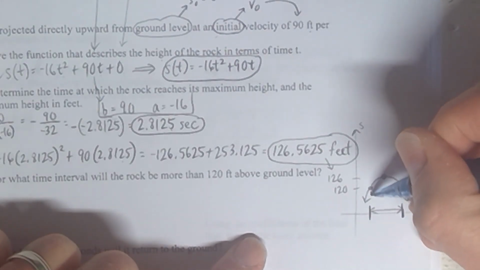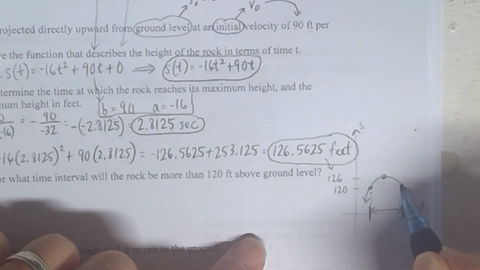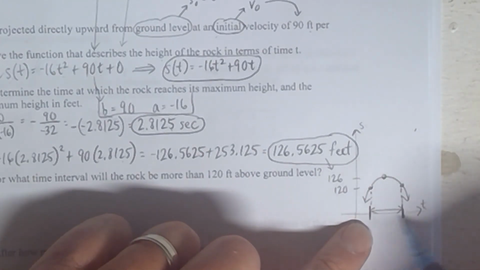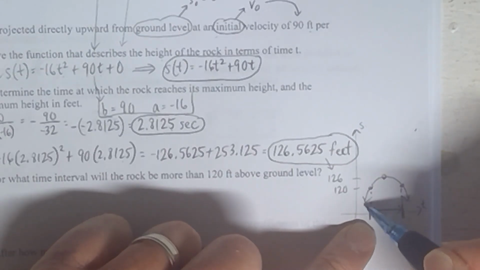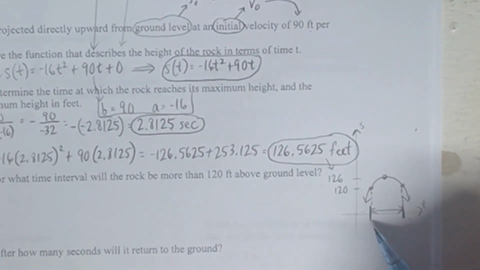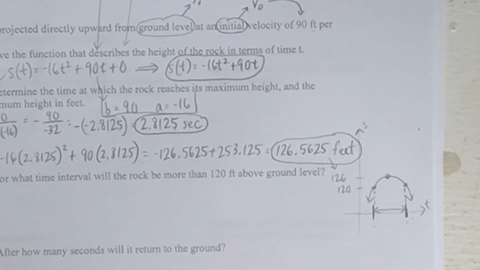Okay, because you can see that from here all the way over to here, which is in this time interval, it's going to be above 120, and then it's going to drop back down below 120 over here, isn't it? And then it's going to be below 120 before it gets up to 120 on this side. So if you can figure out what these two numbers are that go with the 120, then you're good.